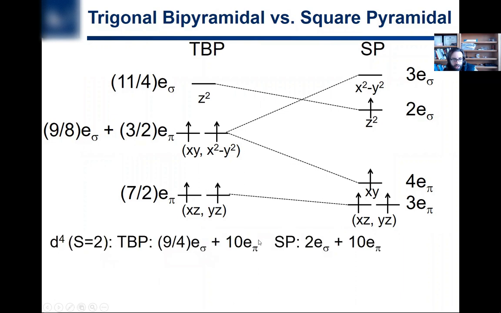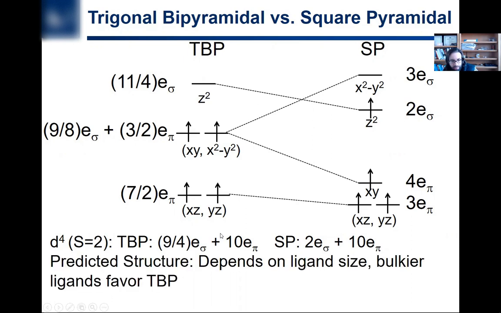And there's even another spin state for D4 that can exist, and that's a pentet, okay? So this is where you have 4 unpaired electrons. And here, it gets a little bit close because you have 9/4 e sigma, the math tells you, plus 10 e pi for TBP versus 2 e sigma plus 10 e pi for SP. And the 10 e pi and 10 e pi wash out, okay?